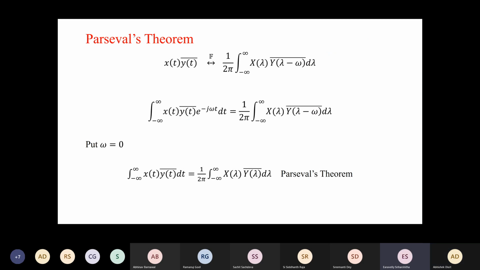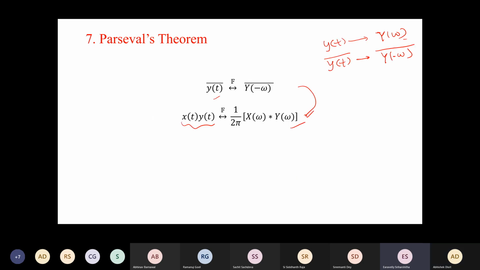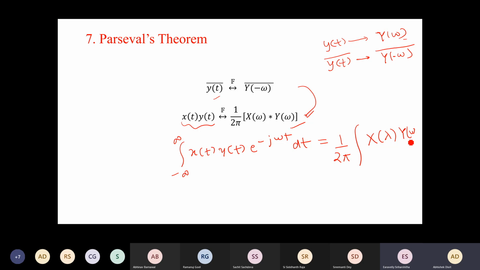So if I look at x(t) y(t), Fourier transform, e to the power minus j omega t dt, let me write this in full, from minus infinity to plus infinity.